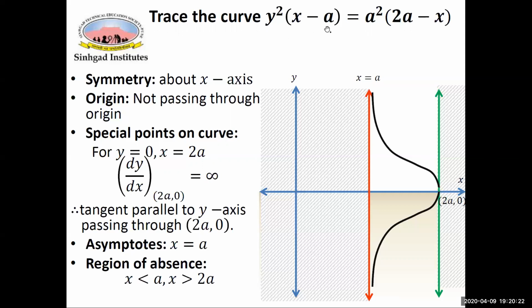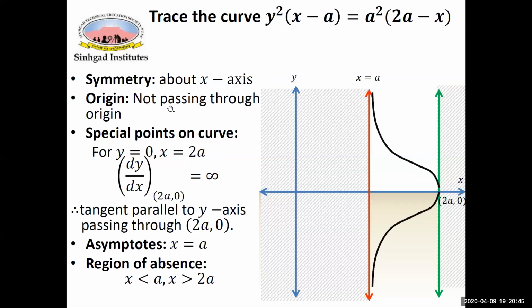If you simplify the equation, y square x minus a y square is equal to 2a cube minus x a square. So what is the constant term over here? 2a cube. 2a cube is constant. Constant term is there. What does it indicate? It will not pass through origin.